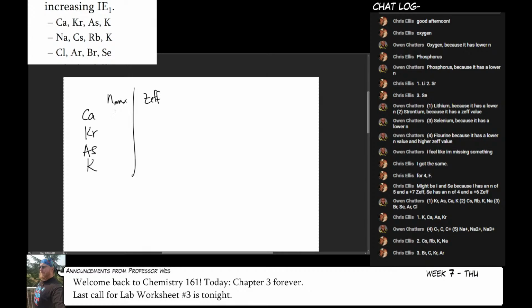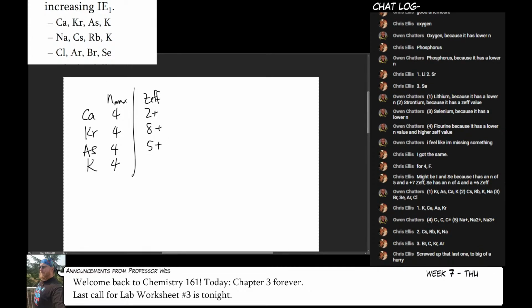So calcium is in period 4, Z effective 2. Krypton's in period 4, Z effective 8. Arsenic's in period 4, Z effective 5. And potassium's in period 4, Z effective 1. So this is pretty straightforward.